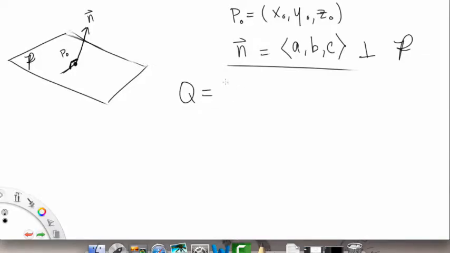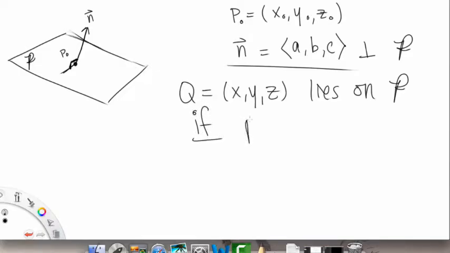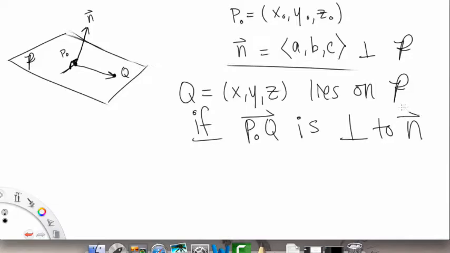Any point Q, x, y, z, lies on the plane P if, and this is a big if, the vector formed going from P naught to Q, let's say Q's over here, is perpendicular to n, our normal vector.